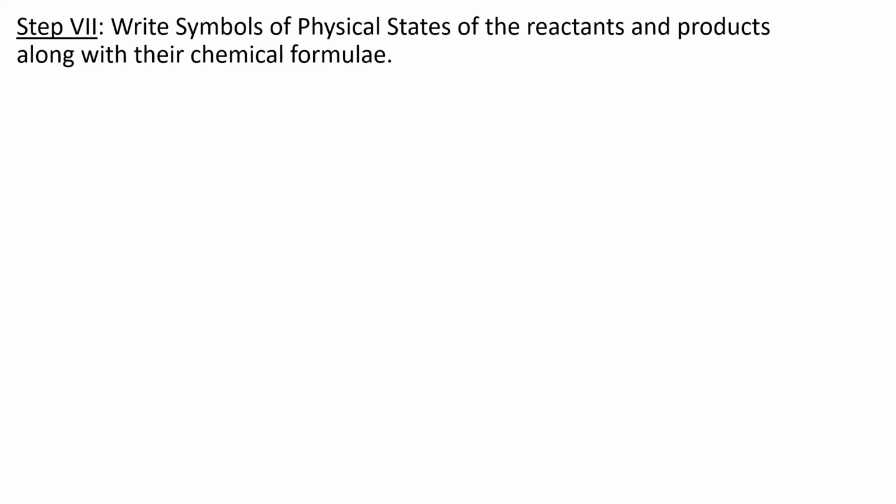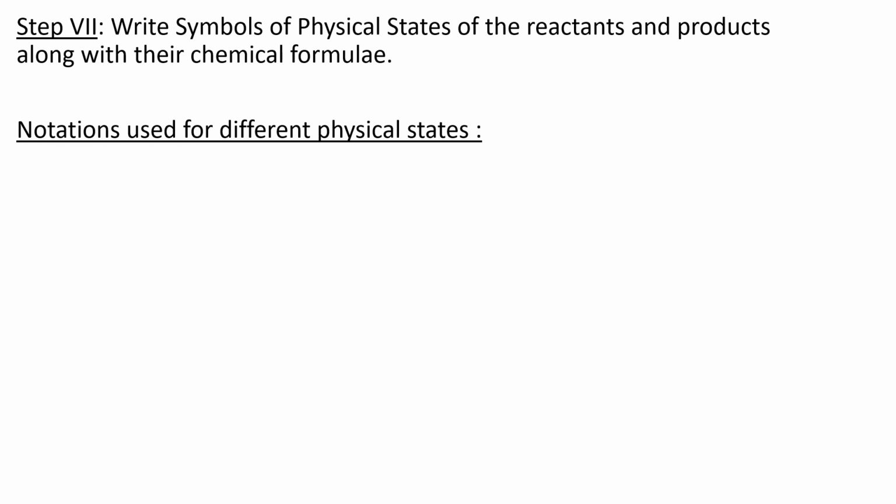Step 7. So what do we do in the step 7? We have balanced the equation. Now we have to state what physical state each of these reactants and products are. So what are the notation used for different physical states?